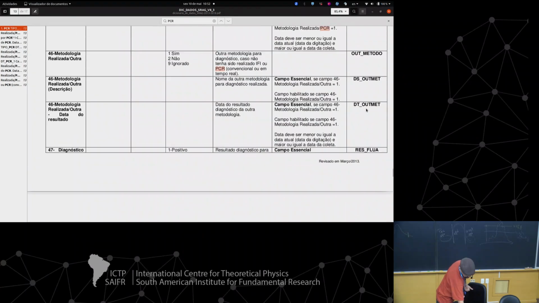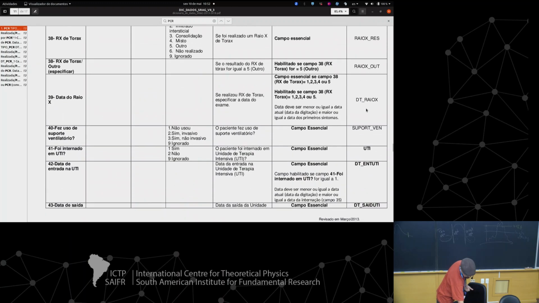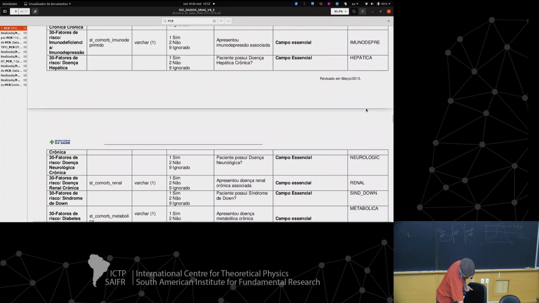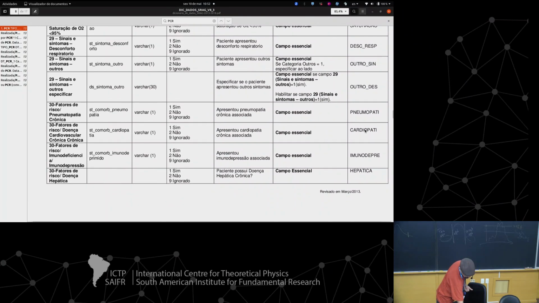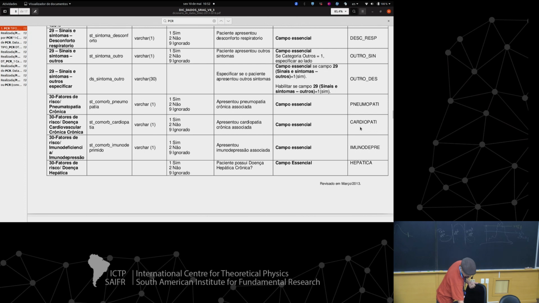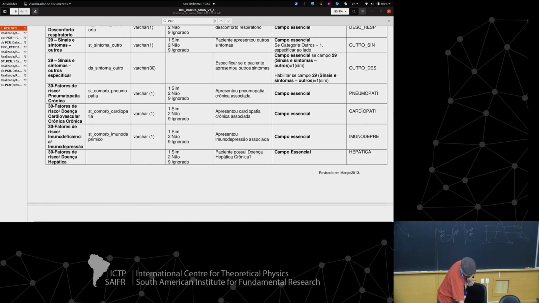And also, just to finalize here, we have several variables associated with preconditions. So if the individual has any pneumopathy, cardiopathy, if they are immunodepressed, and so on and so forth.